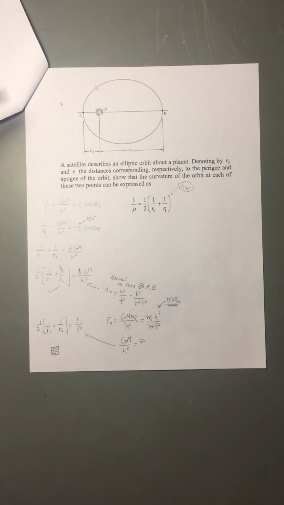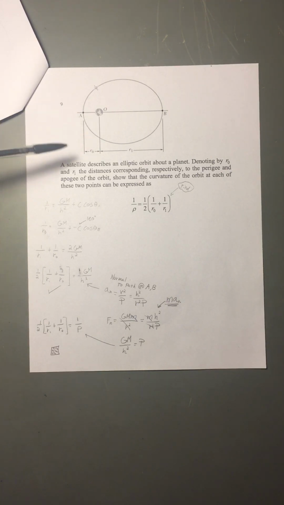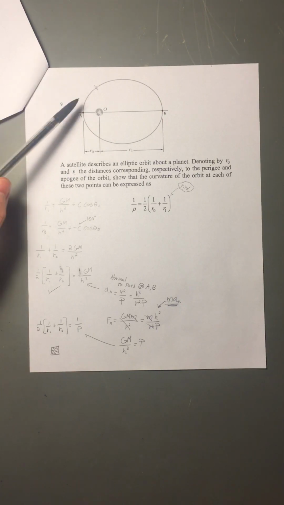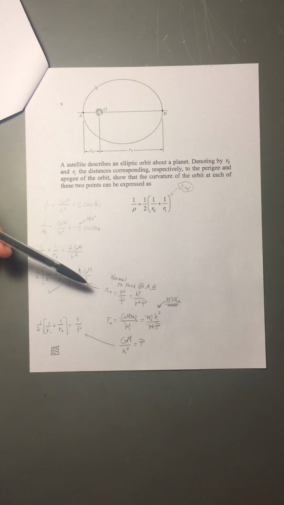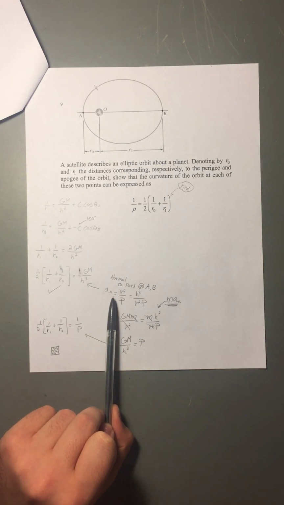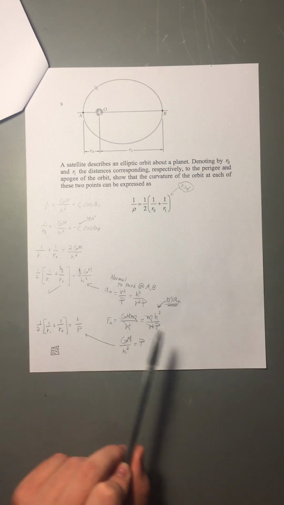And so to do that, looking at this problem here, we have to recognize that at A and B, we are normal to the path and in the acceleration. So what that tells us is that acceleration normal is v squared over rho, which we know that relationship.